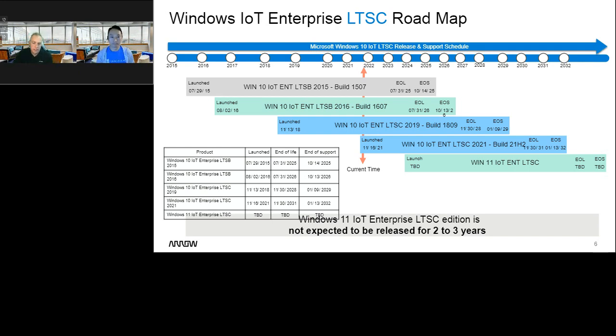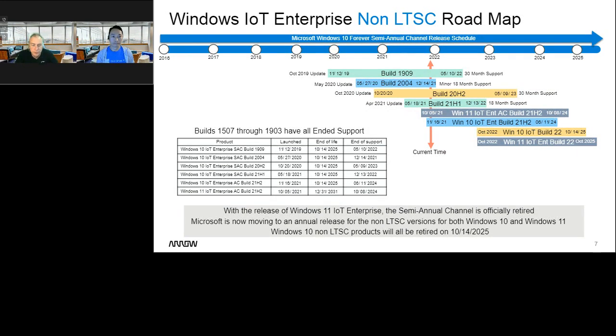So in comparison, let's go ahead and jump forward and look at what used to be called the SAC or semi-annual channel. Now we just sort of call it the non-LTSC channel because Microsoft is now moving from a semi-annual release to an annual release. So we try to steer our customers away from the non-LTSC version simply for the fact that you don't get very, very much support or time to support the product, which is not what you want when you're trying to build an OEM appliance and have it around for quite a long time.